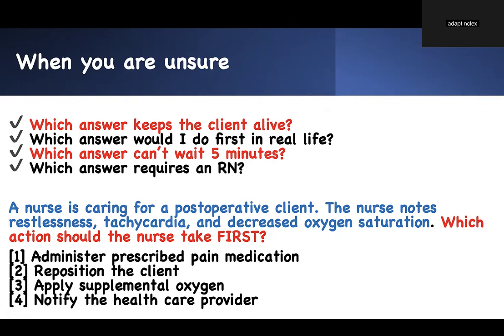Notify the healthcare provider. Hey, can the RN do something first? Oh, yes, the RN can do something first. In a rare situation, what would I do? I'm not going to give him pain medication. I may reposition, but I feel like it's not going to keep him alive. I would just apply oxygen. You see the way you can go through the process? Number 3 is much better.